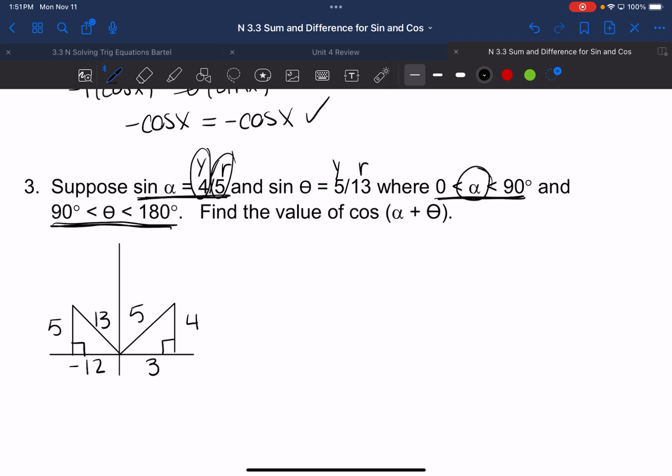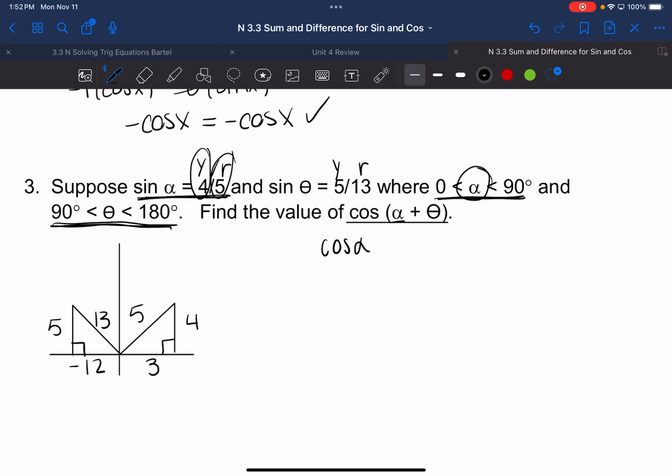Okay. All right, so now that we have a picture to reference, let's take a look at what they actually asked for. They said to find cosine of alpha plus theta. So which rule is that from our box up there? First, second, third, what? Third. Okay, so if I rewrite it then, cosine of A, what's our A?